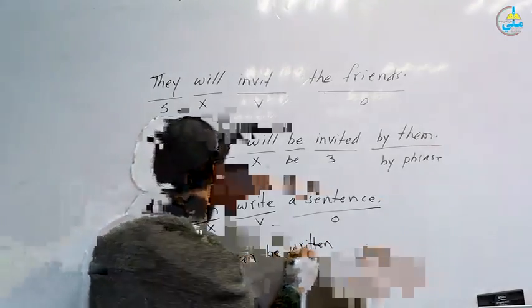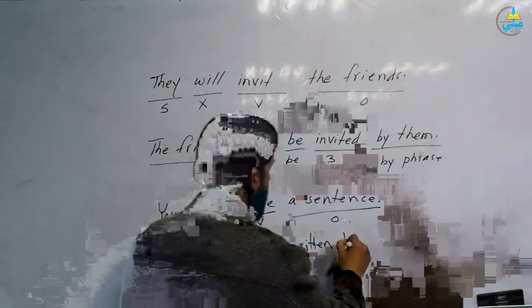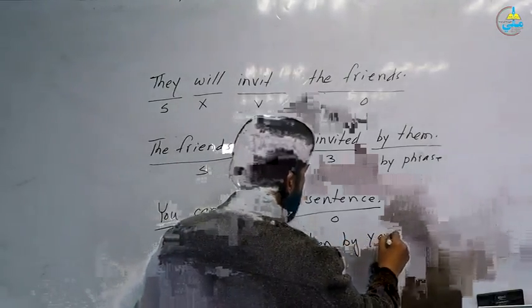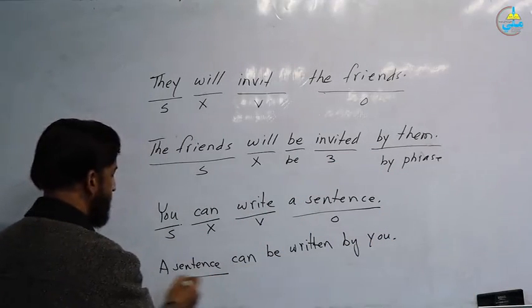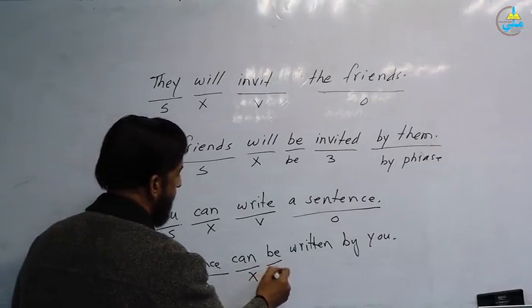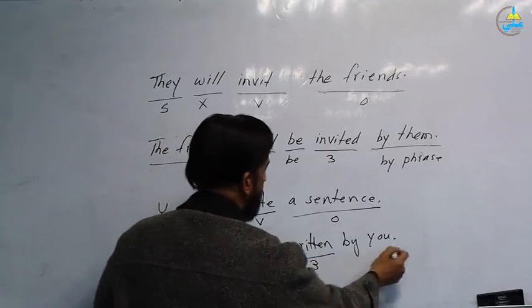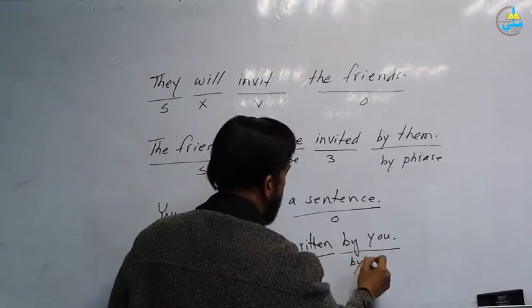A sentence can be written by you. A sentence is the subject, can is the auxiliary, this is be, this is the past participle, and by you is a by phrase.